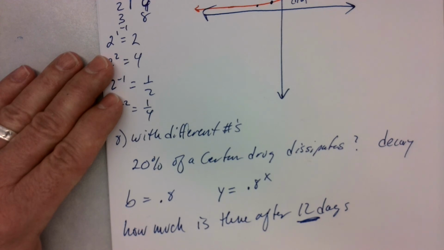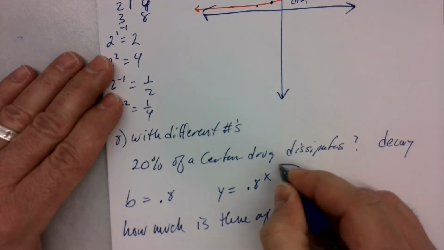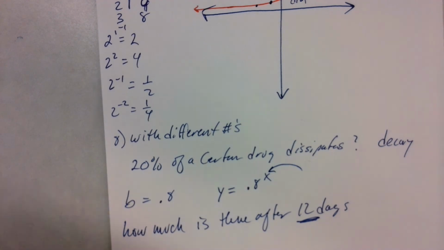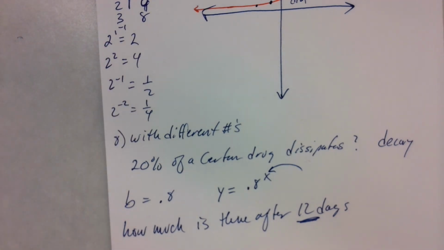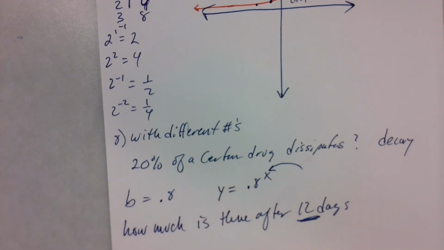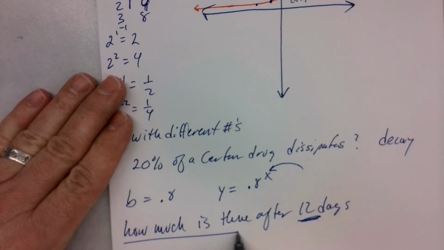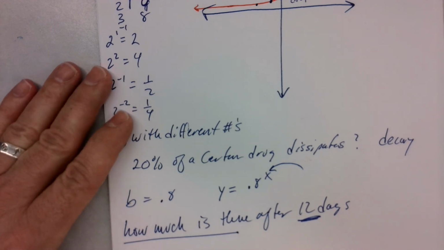The 12 is the x, because that's my input. The value I get out after I do that math is going to be what is left. So what I would have is y equals 0.8 to the 12th.